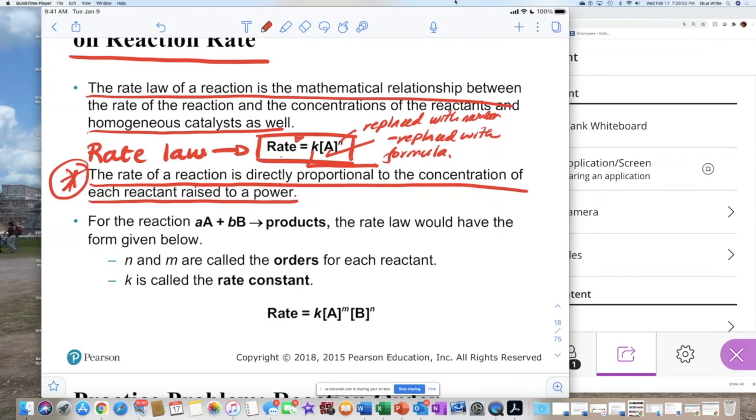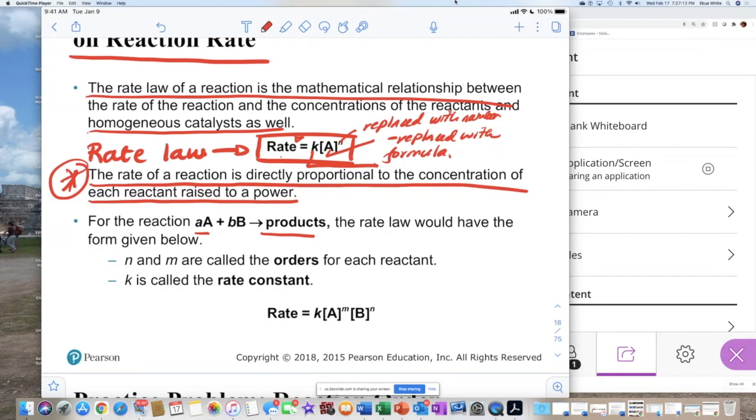We have a balanced equation here, A with a coefficient of a, plus B, coefficient of b, to form products. One of the things chemists do is they focus, I don't want to say fixate, but let's look at it like fixation, on the reactants in this section right here.